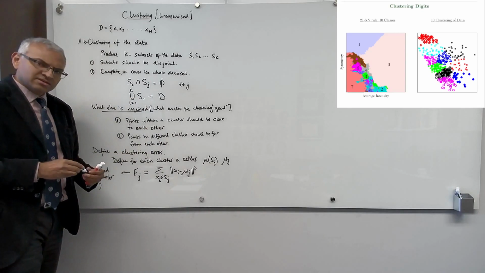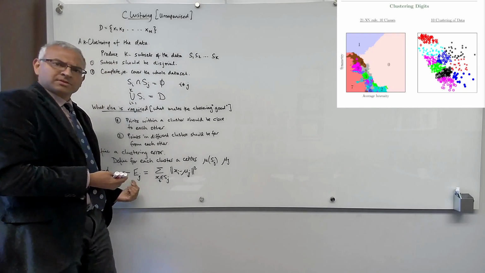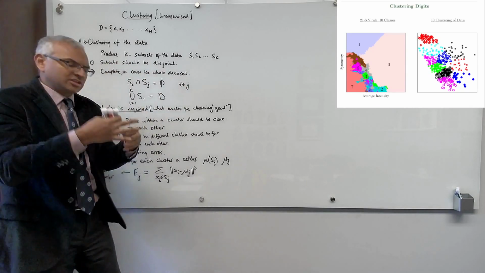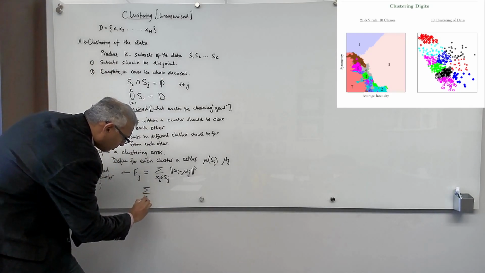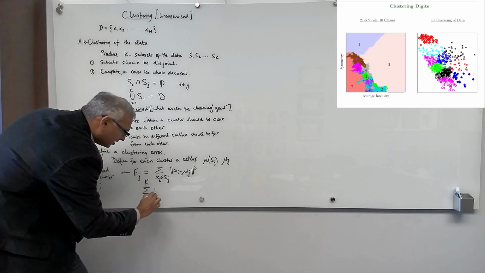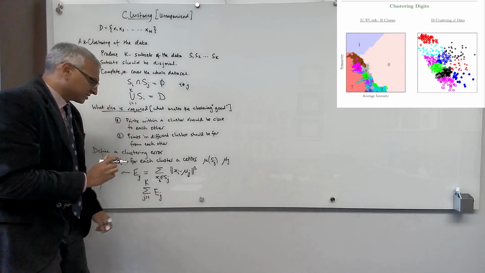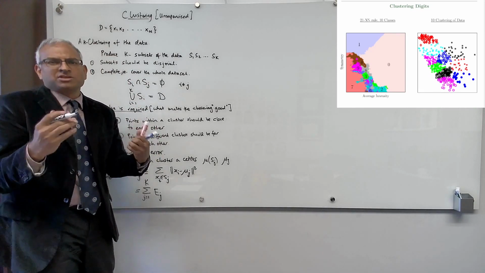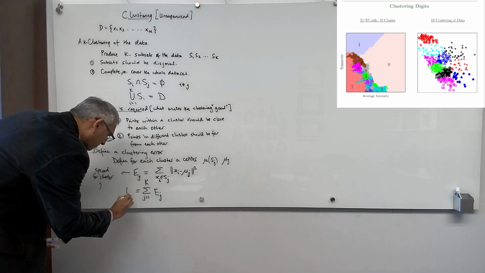You can think of this as how large cluster J is. Now we can add up the sizes of each of the clusters. So we take the sum from J equals 1 to K of Ej. That's the sum of the sizes of all the clusters, and we can define this as an error measure. It measures how bad the clustering is.